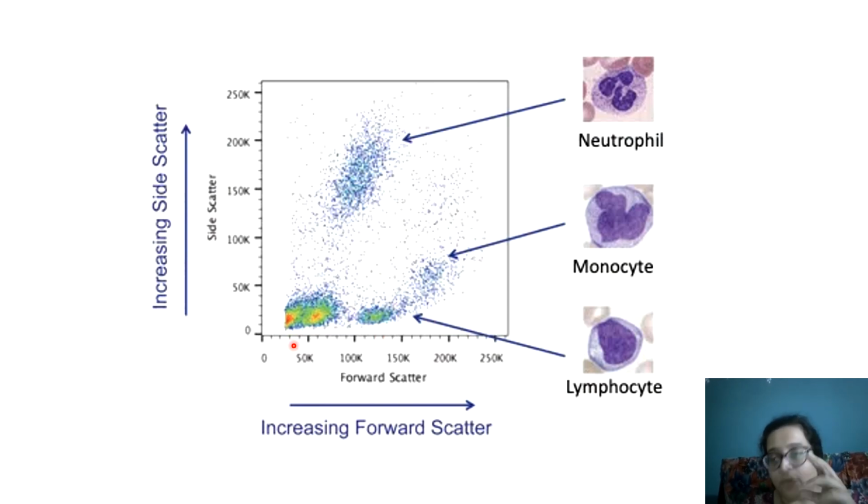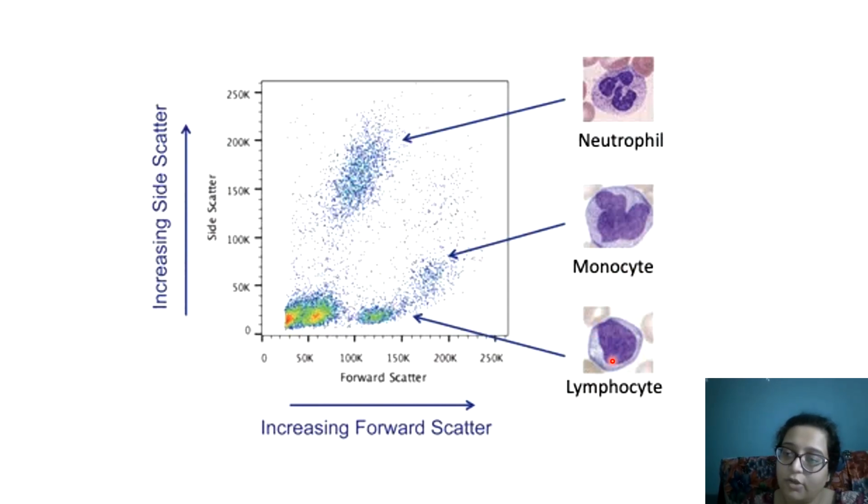Now you have to interpret the x-axis with the y-axis. The y-axis is the side scatter, meaning how complex the organelles and the cytoplasm inside the cell are. If I go for, say, a lymphocyte, it just has one nucleus inside, and the cytoplasm is considerably empty. So the size is smaller as compared to a monocyte. We all know that.